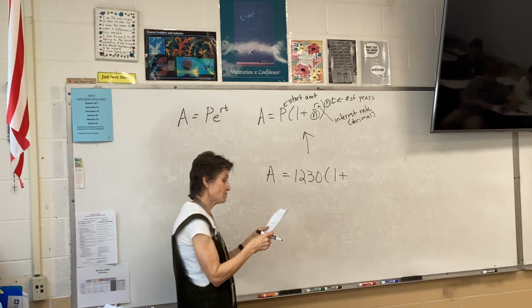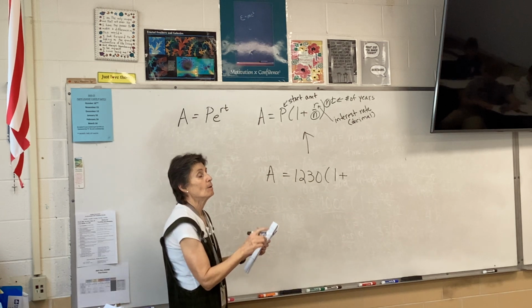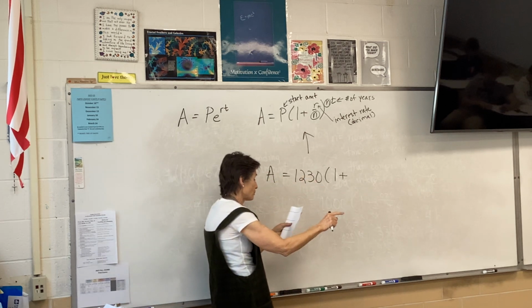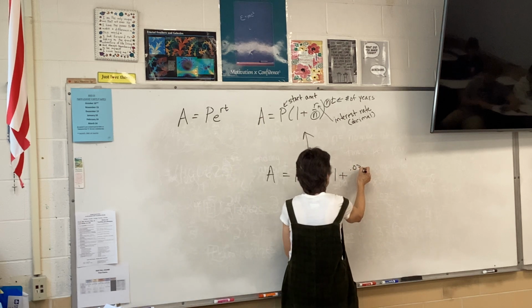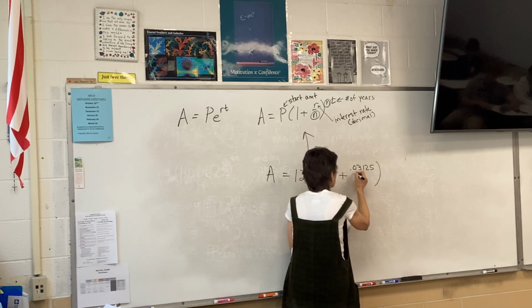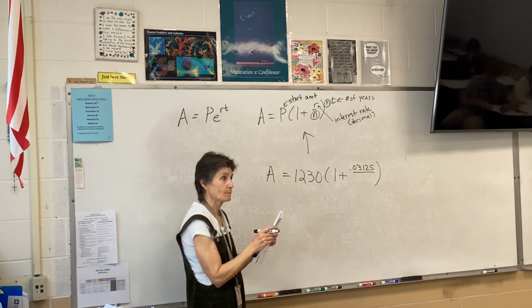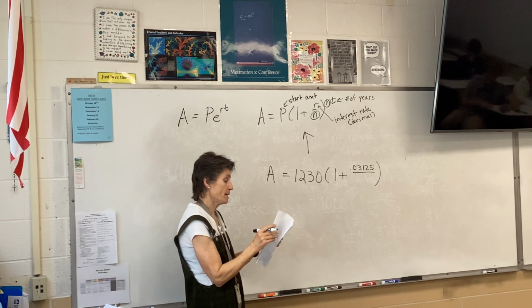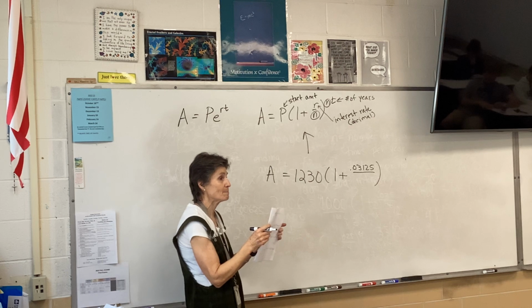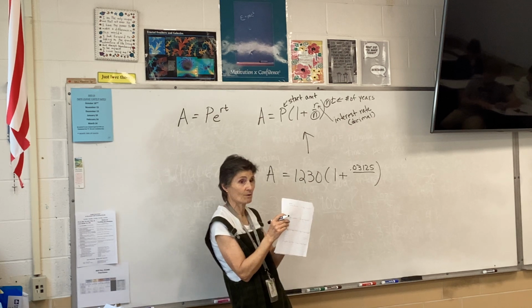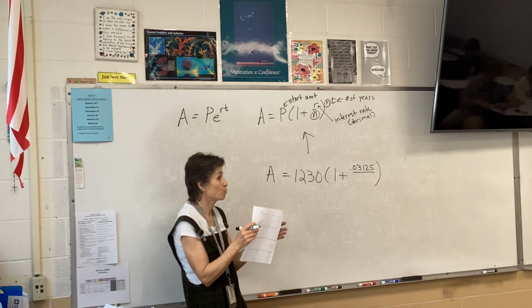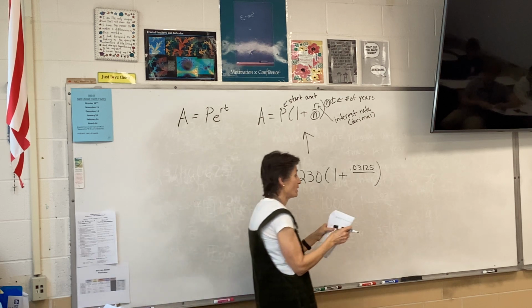Do I know my interest rate? 0.03125. Right? Do I know how many times I'm compounding a year? That's N. 12, because it says compounded monthly.